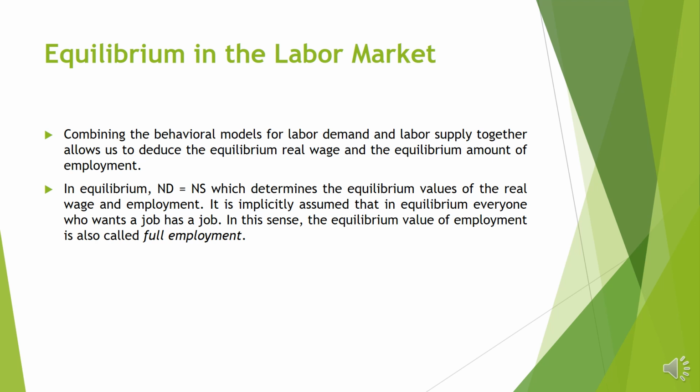In equilibrium, ND, that is the labor demand curve, should be equal to NS, that is the labor supply curve, which determines the equilibrium values of the real wage and employment.